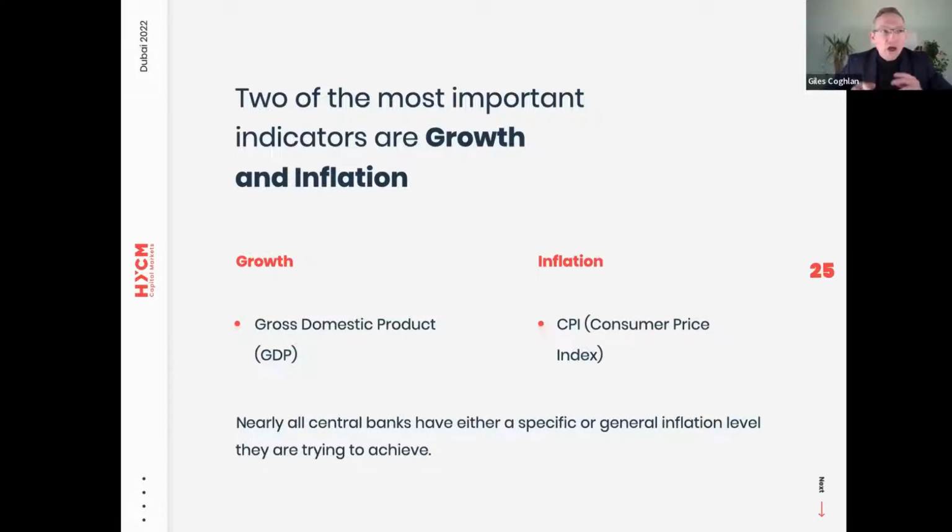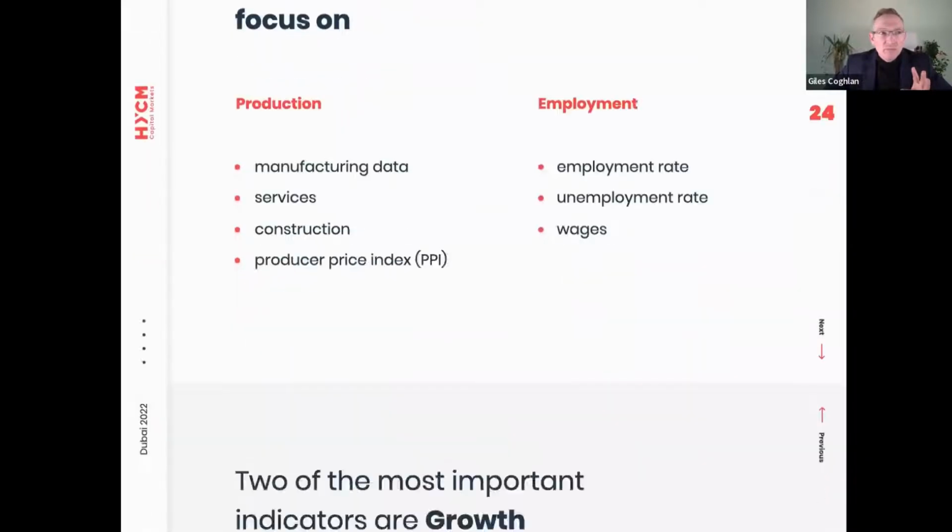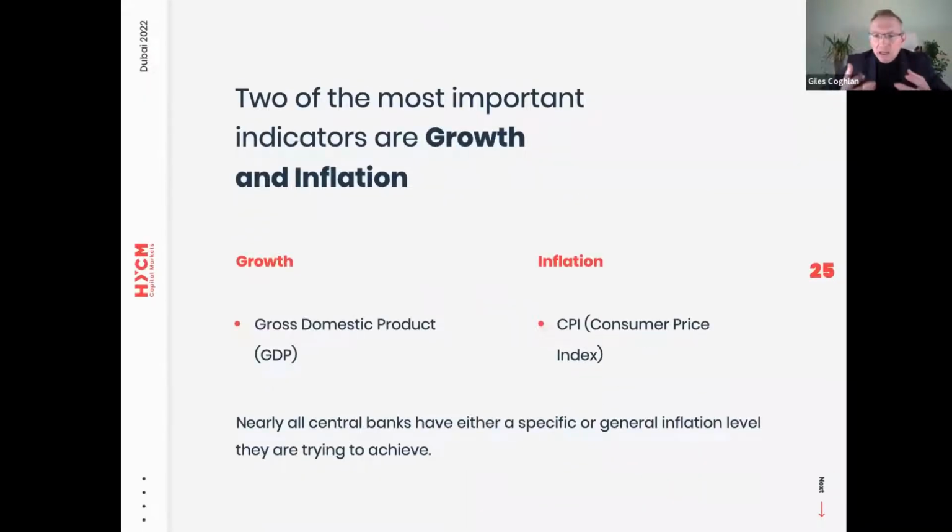One, although there are 4 indicators, production, employment, growth, and inflation, when you're making trading decisions, those factors are not always equally important. So you don't need me to tell you that a central bank would be very sensitive to inflation. Let me give you a silly example.